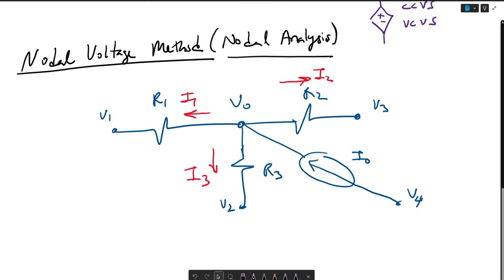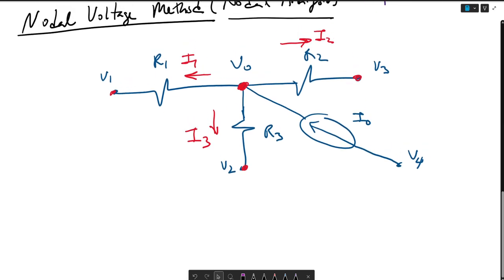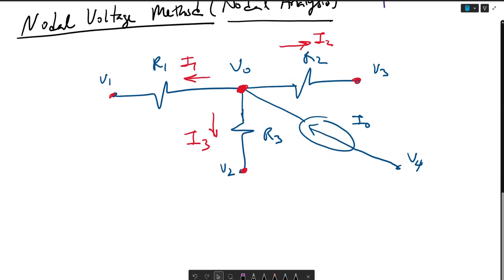The idea is that VO is at a higher potential than V1, V2, and V3. When you're given a current source like this, you have no choice but to conclude that the current source is a current IO going to VO.